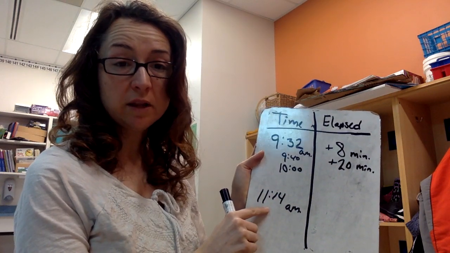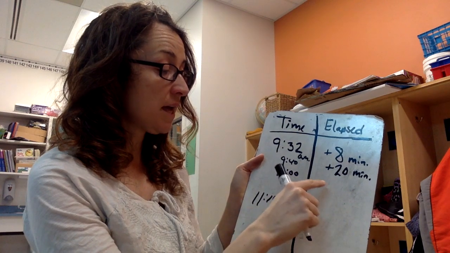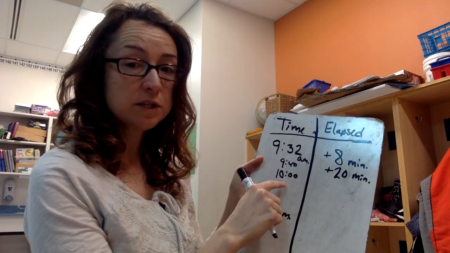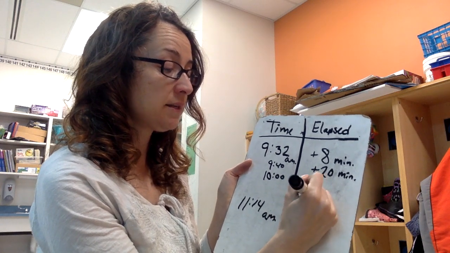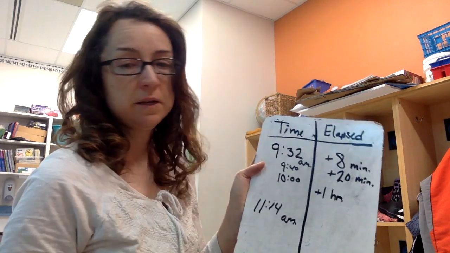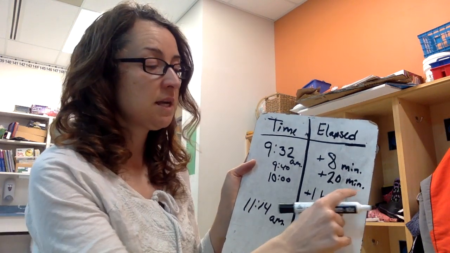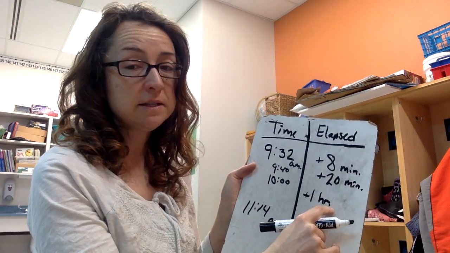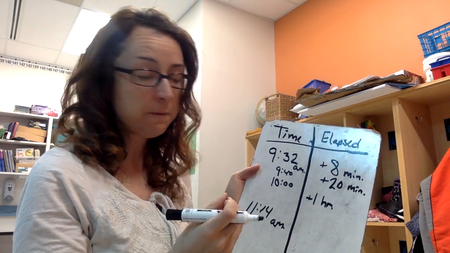I need to get to 11:14. So I feel confident if I were to add an hour to 10 o'clock, that's going to bring me to my next hour. So I'm going to put plus 1 hour. You notice I'm putting these abbreviations. Remember, if you are putting the abbreviations, get used to having a period at the end of those because it's a shortened version of that word.